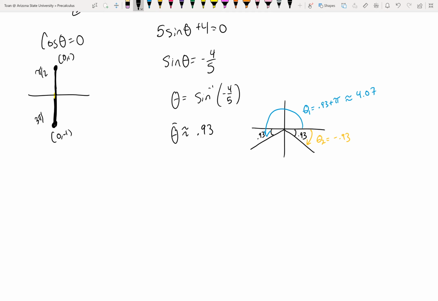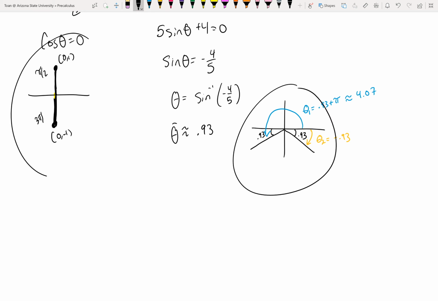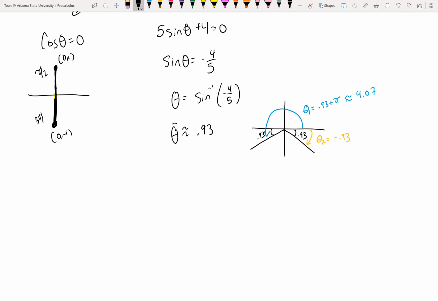So if we were to blend this picture and this picture together, here are our solutions. We have one solution up here, so I'm going to try to bold this. We have one solution down here. We have one solution right here, so that's 0.93. And we have a solution right there, 0.93.